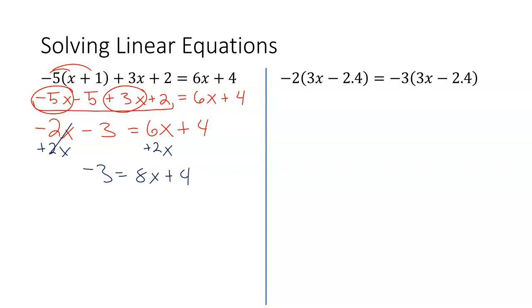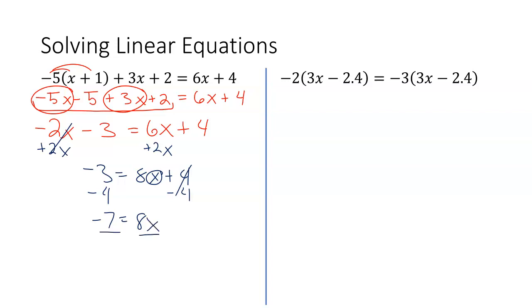And then now that we're down to one variable, our goal is to get everything away from the variable. So am I going to get rid of the 8 or the 4 first? The 4. Always undo your subtraction, and then coefficients will be last. So we'll subtract 4 to get 0 and negative 7. And then how do I separate a coefficient from its variable?